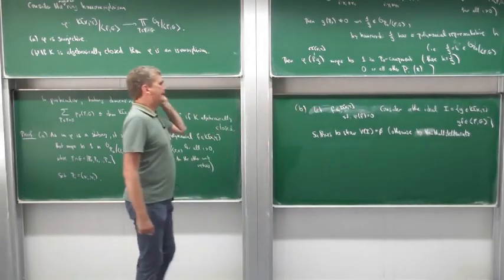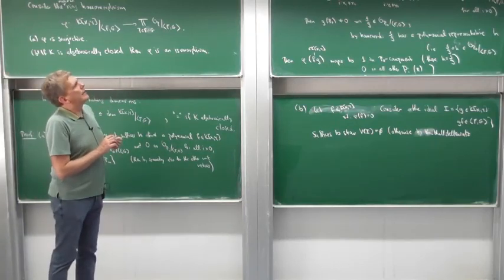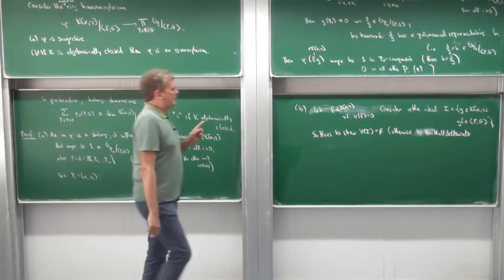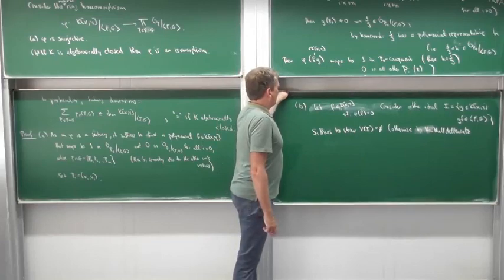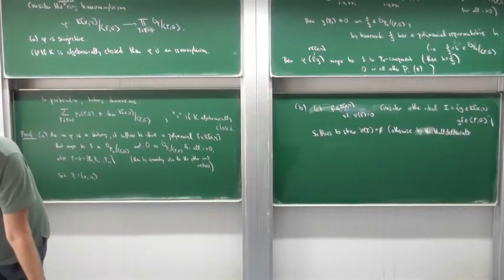If I have an ideal whose zero locus is empty, then the ideal must be the unit ideal. And I want to show what? Wait. I want to use that.